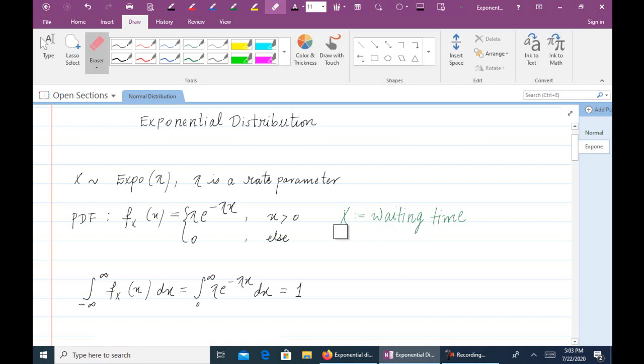Lambda here can be thought of as a rate parameter. That is, if we are looking at the example of observing arrivals of emails, then you can think of lambda as the number of emails arriving per minute or per unit of time.